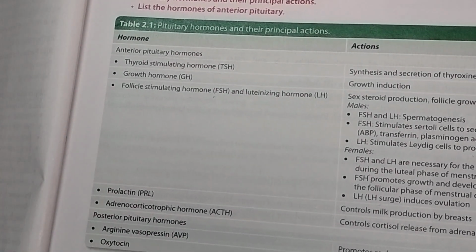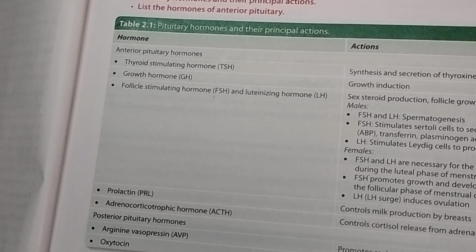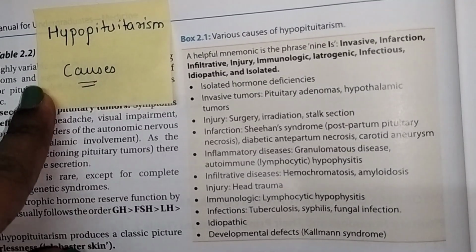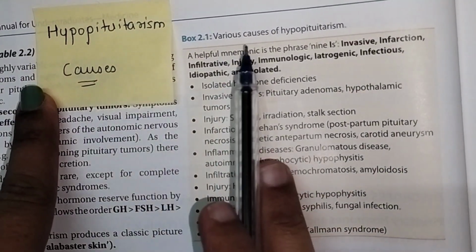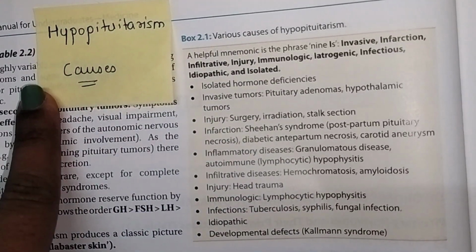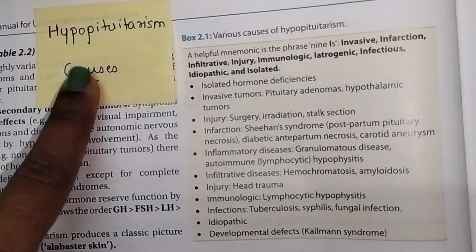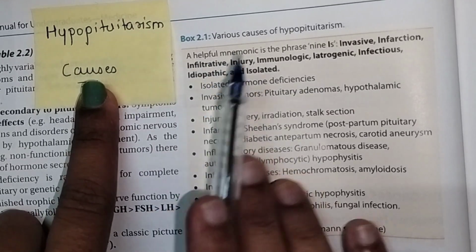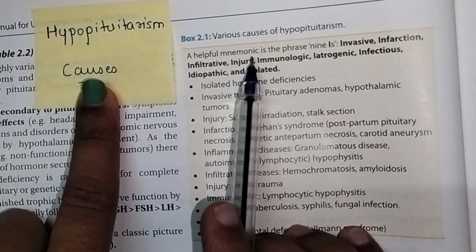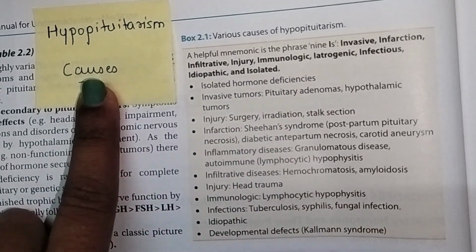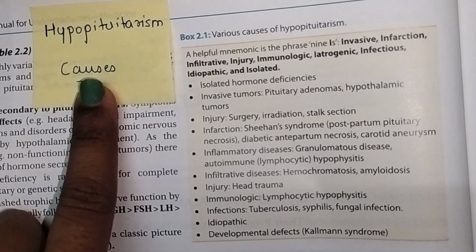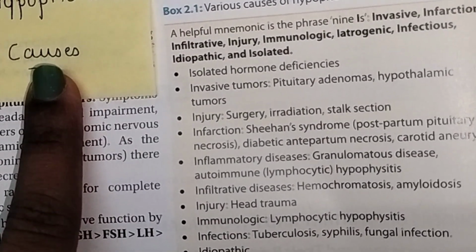This is quite simple; you just need to remember the gist. Now we are going to study various causes of hypopituitarism. A mnemonic will help you a lot. A helpful mnemonic is the phrase 9 I's. I'll zoom in so you can look at it.